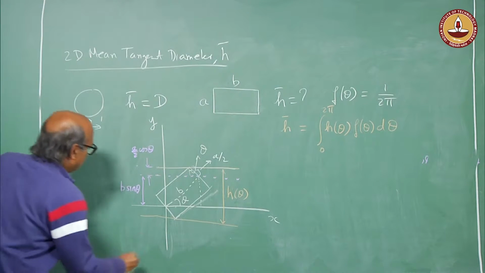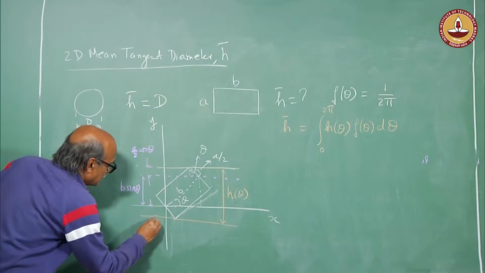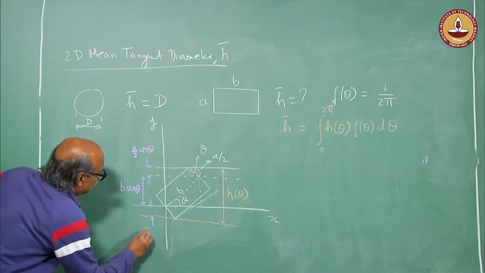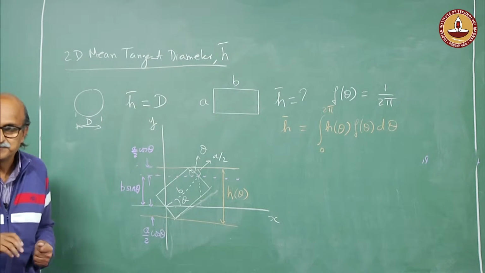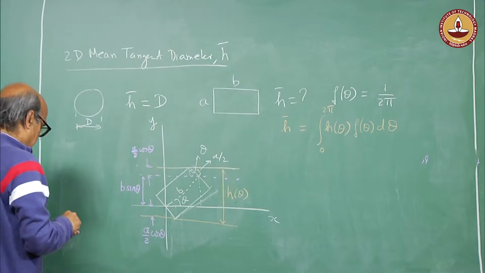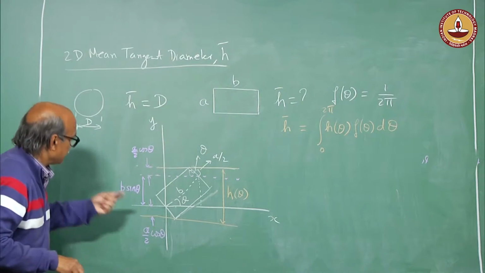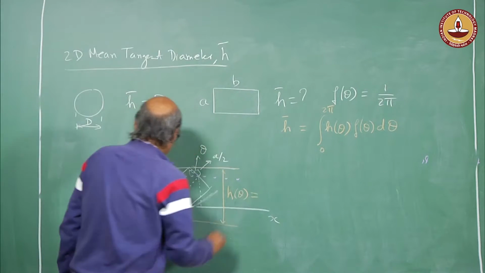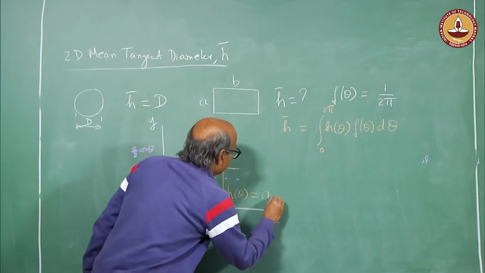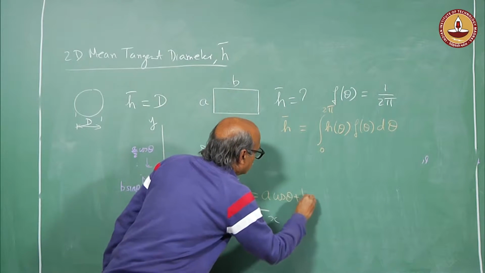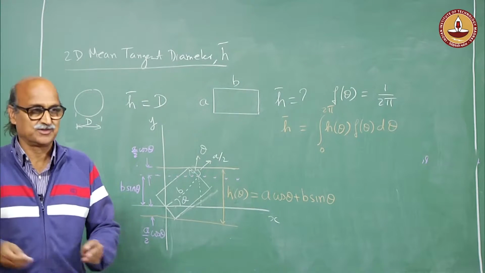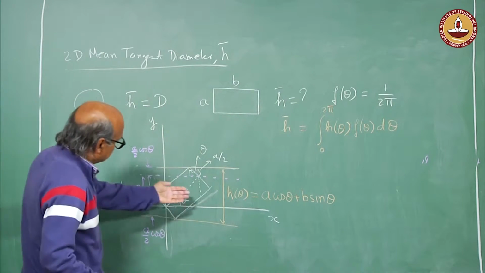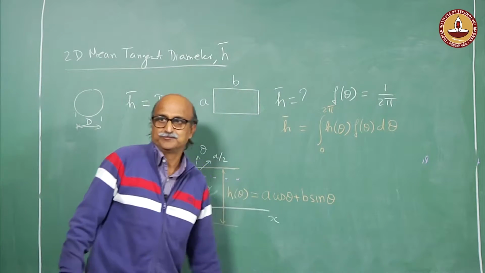Similarly, this length would also be a by 2 cos theta. You can examine this. And therefore, I simply add up all of these. H theta would become a cos theta plus b sin theta. So, I have expressed the tangent diameter in terms of a, b and theta.